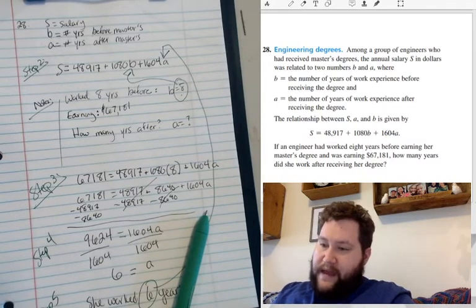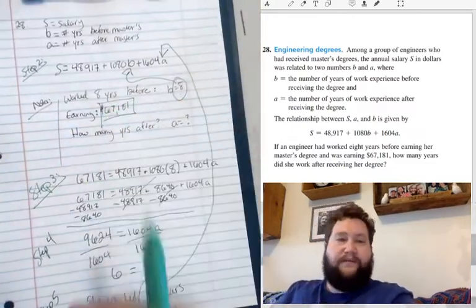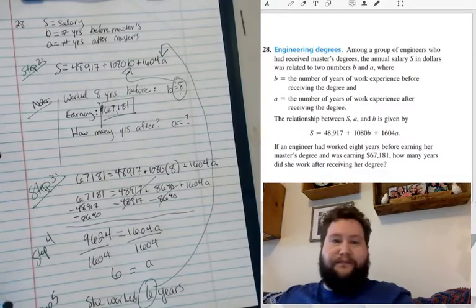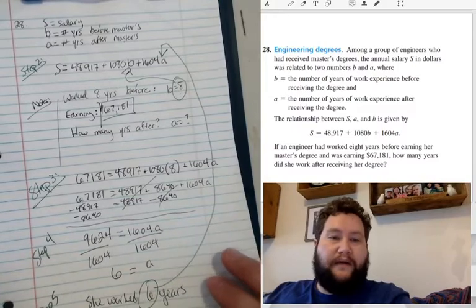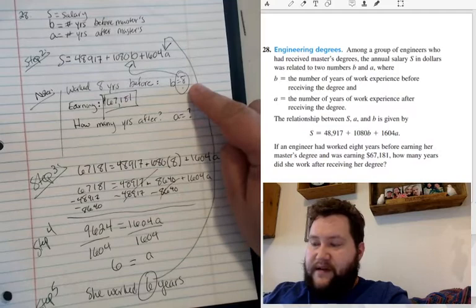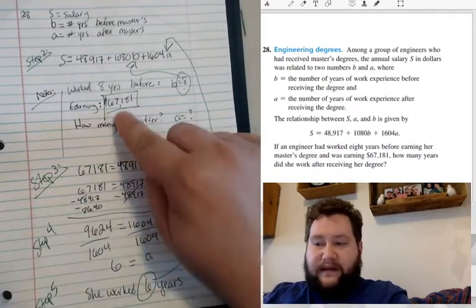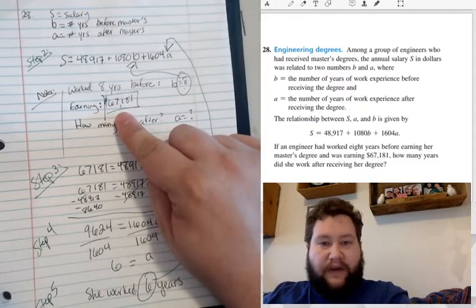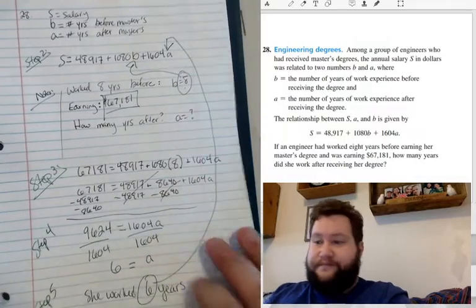And then we add to that 48917, and we get 67,181. So we didn't make a mistake. Perfect. Now my comment about that is, if an engineer with 8 years of bachelor's working experience and 6 years of master's working experience is only making 67,181, they're being underpaid, and they need to negotiate a raise.